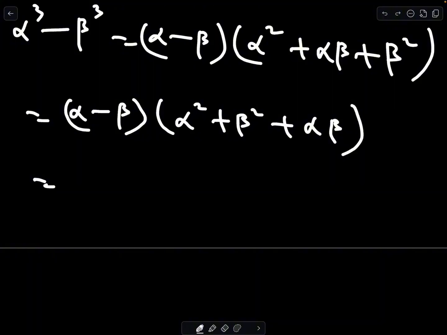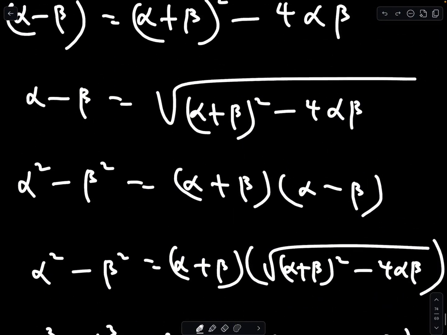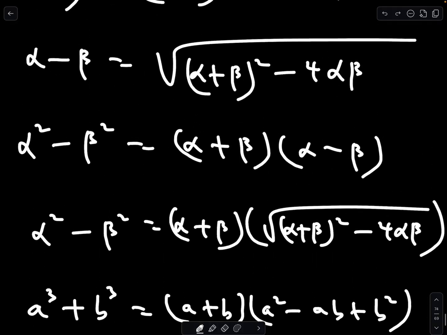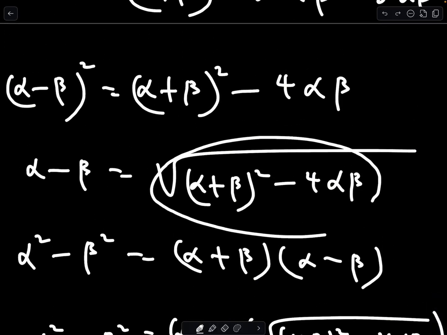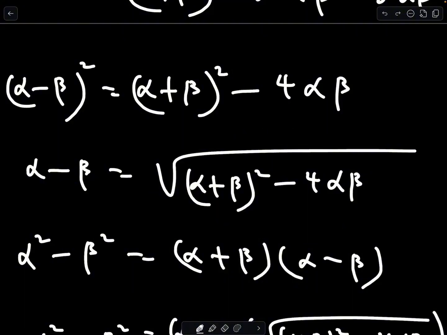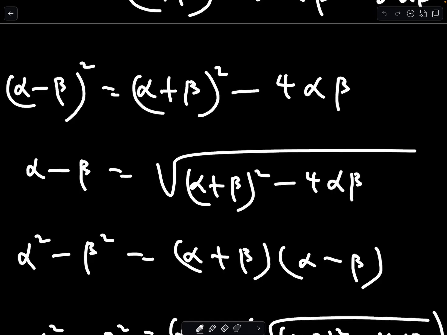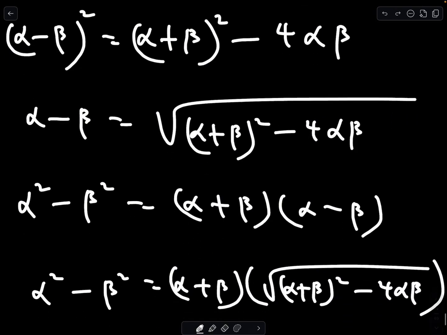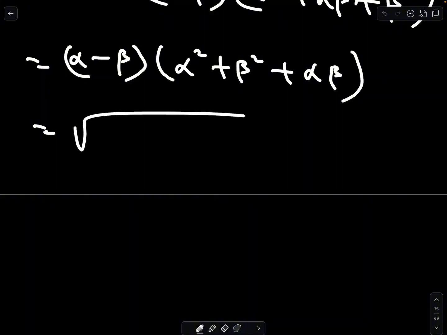I know what alpha minus beta is. If you remember, alpha minus beta is the square root of alpha plus beta all square minus 4 alpha beta. So that's what I'm going to write: square root of alpha plus beta all square minus 4 alpha beta.